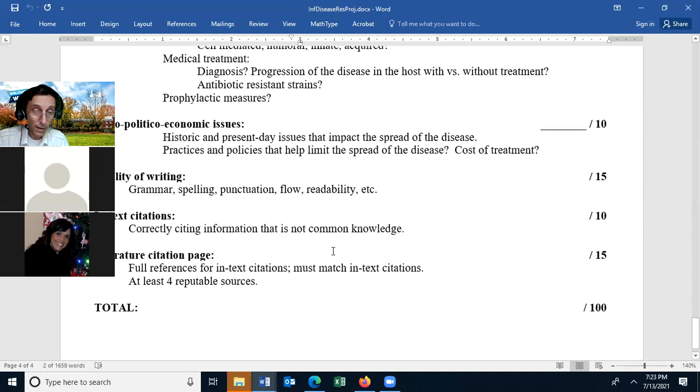All right? Generally, students are pretty good about the literature citation page if they have it. The only mistake they will make is they will abbreviate. Instead of spelling out 5 different authors, they will say Smith et al. That is not allowed.